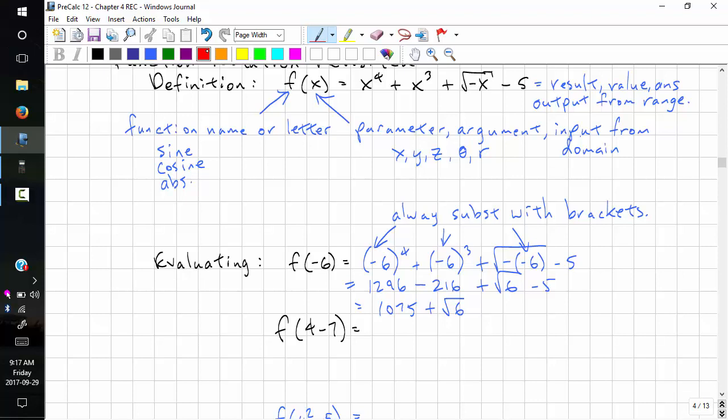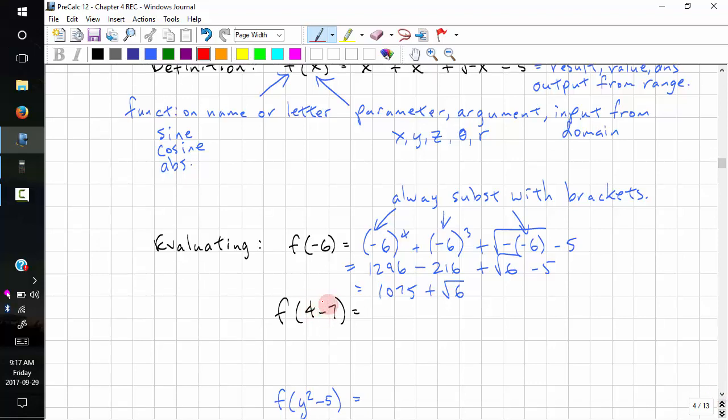Here's another example. You can substitute an expression. So 4 minus 7 raised to the power of 4 plus 4 minus 7 raised to the power of 3 plus the square root of negative 4 minus 7 minus 5.